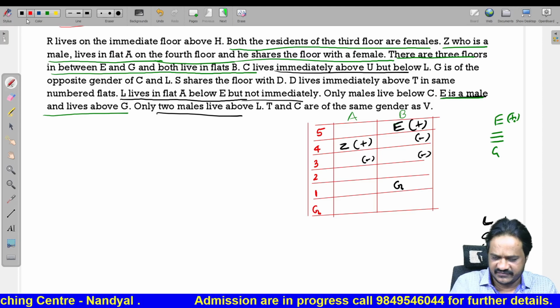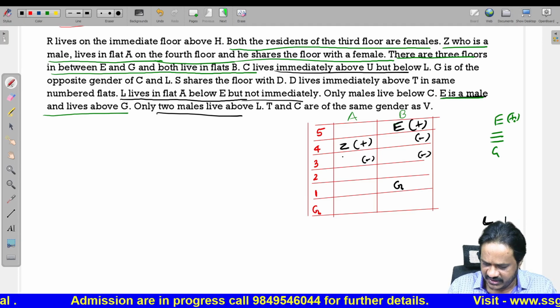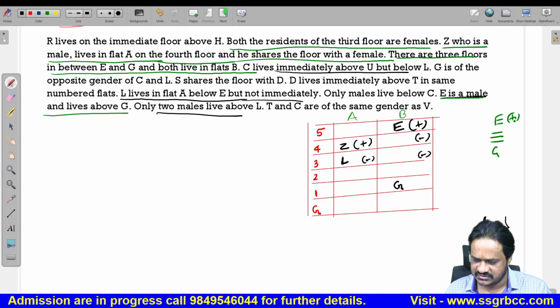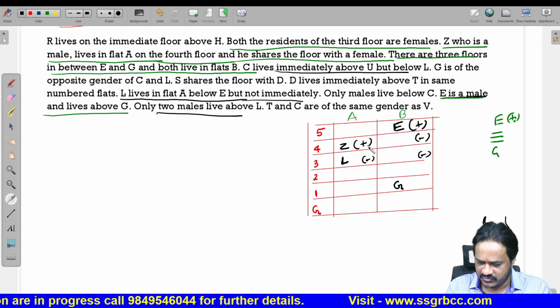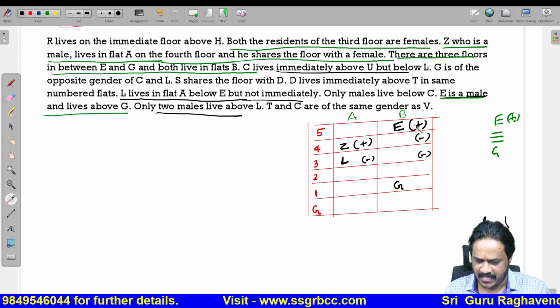Let us see if L is on the 3rd floor, what will happen. There are only 2 males living above L, so these are the 2 males.